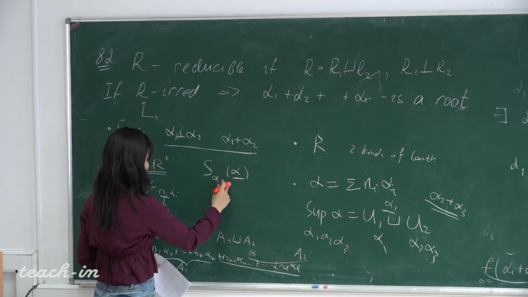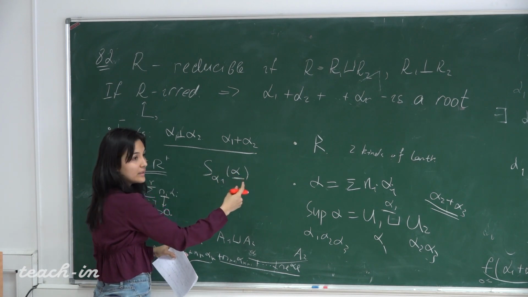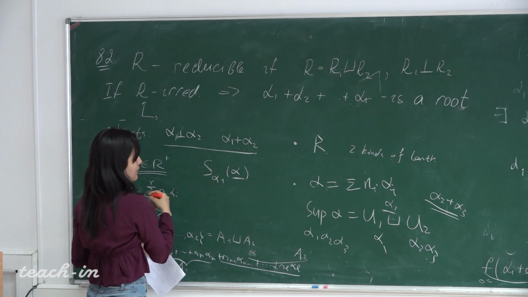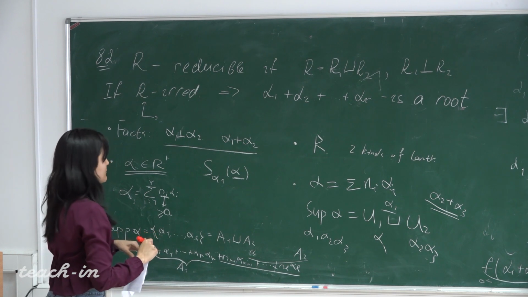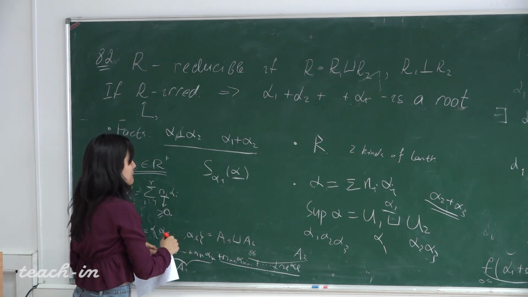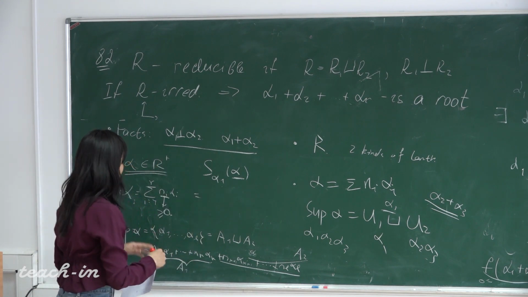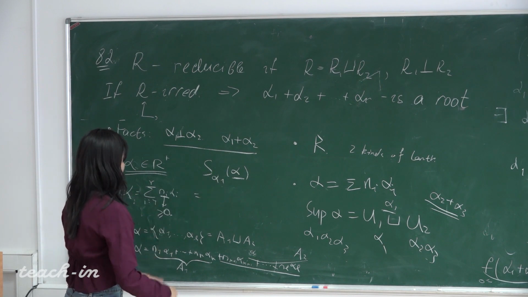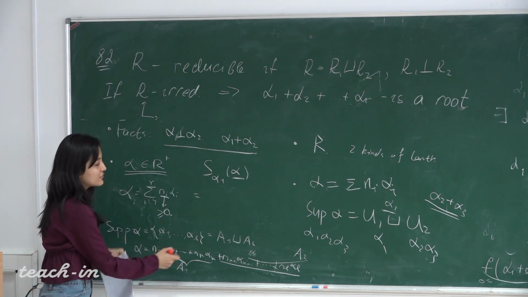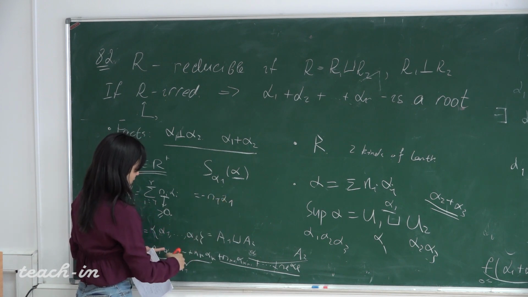I didn't do it, but if we use this fact... It's not completely true. The simple reflections permute all positive roots except alpha 1. Alpha 1 goes to negative alpha 1. Doesn't matter, but if I compute this thing, we will get negative n1 alpha 1.